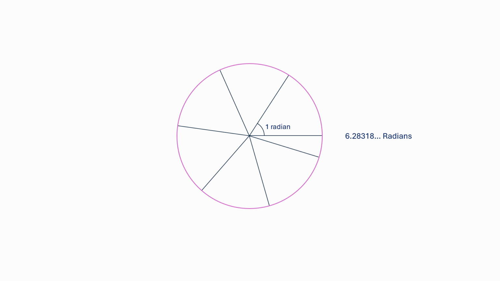Now at this point you might be thinking, that's even more complicated than using an arbitrary number of degrees to measure an angle. There aren't even a whole number of radians in a circle. 6.28318 is not exactly an easy number to work with. But this complication goes away if we express radians as multiples of pi, without concerning ourselves too much with the actual value of pi.